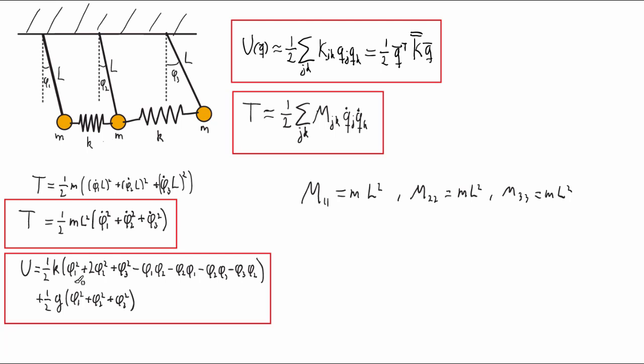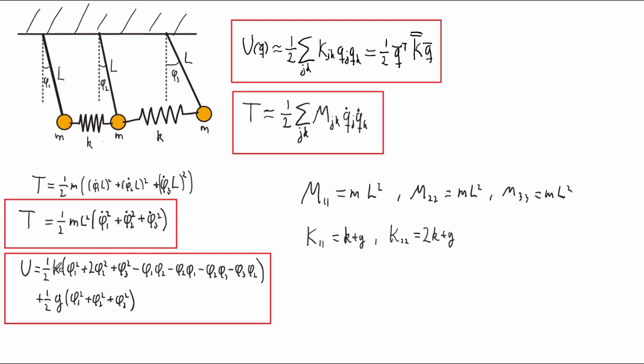We can say that the 1,1 term, K11, comes from everything that multiplies 1/2 phi 1 squared, which is K plus G. So K11 is K plus G. K22 is 2K plus G, right?